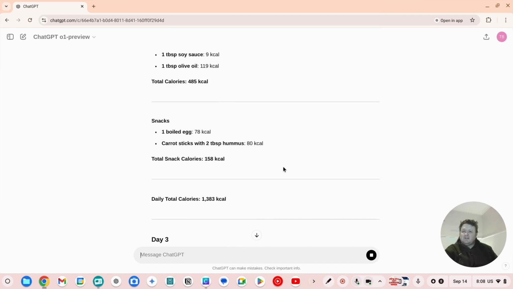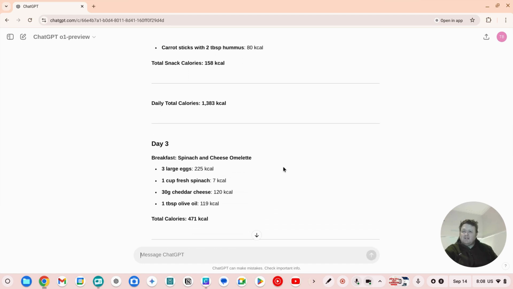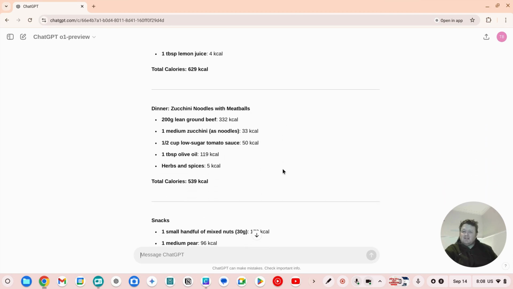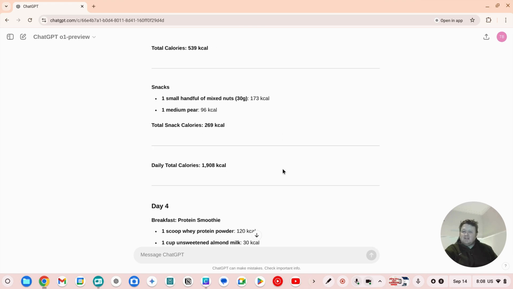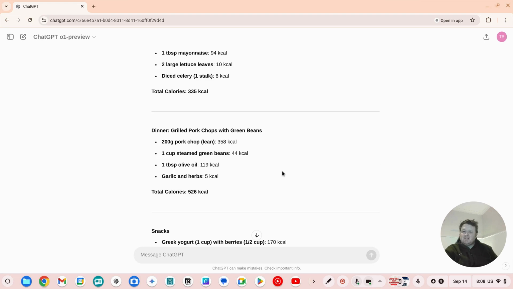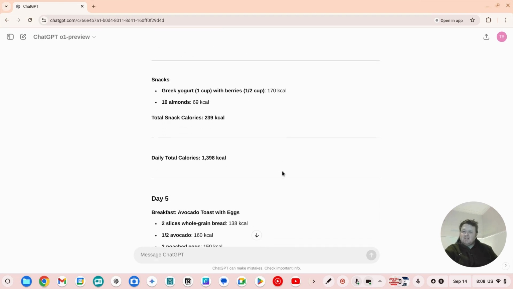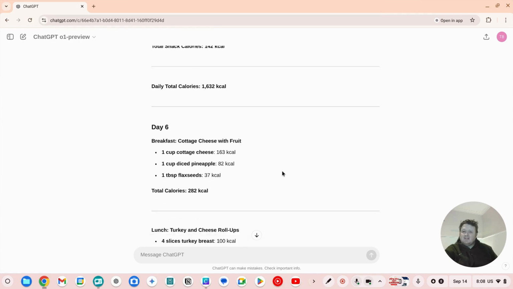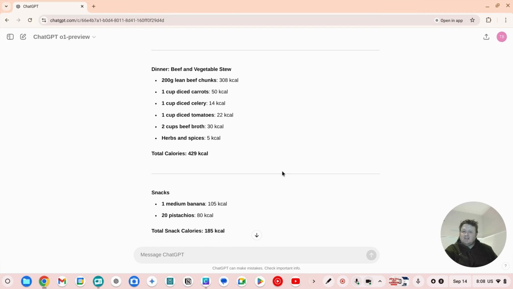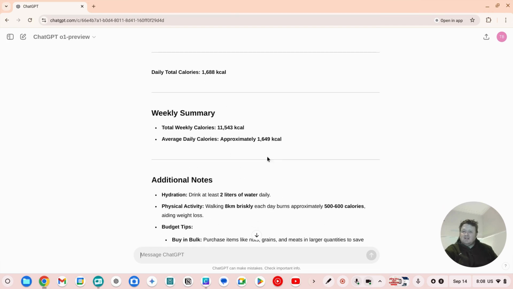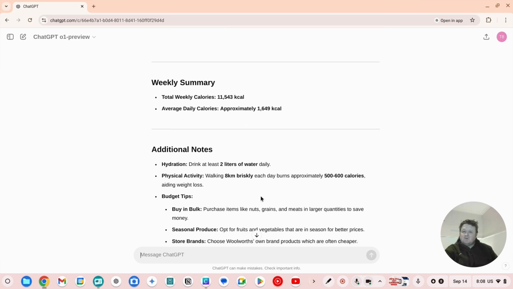So it's pulling together everything we need. It's got all the calories. The one thing I forgot was to ask it to write me the shopping list. So the total calories, 2 litres of water daily.